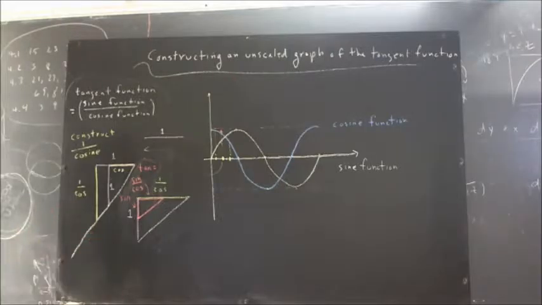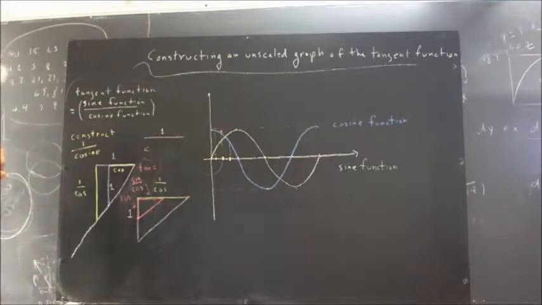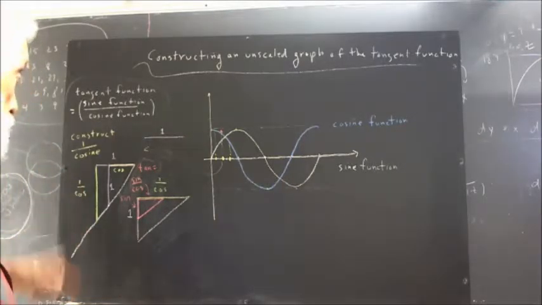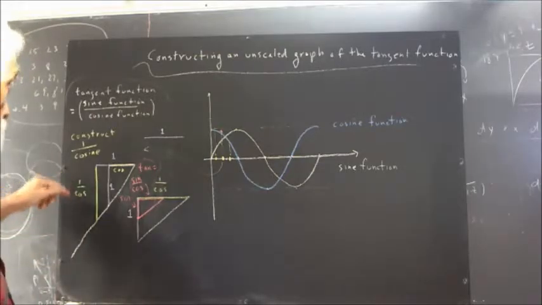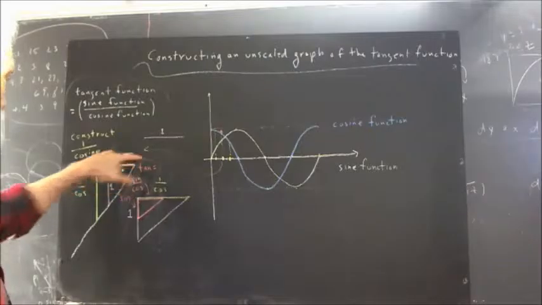Now, why do we have to extend this? It's because, first of all, here's the value of the cosine, and here's 1. To get the reciprocal of the cosine, and we've done several reciprocal constructions, so you should know what's coming, we're going to have to extend this side till its length is 1.